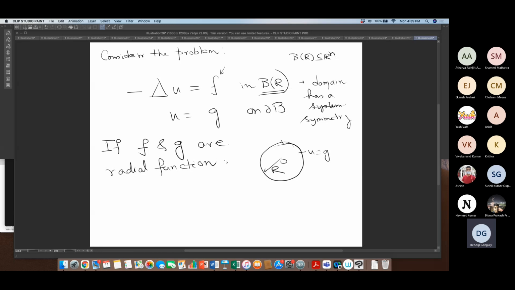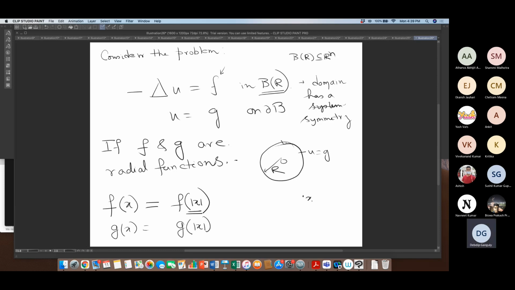They depend on mod x. Exactly. F is a function in R^n, but it will be f of mod x. Similarly, g of x should be g of mod x. It depends on the radius.